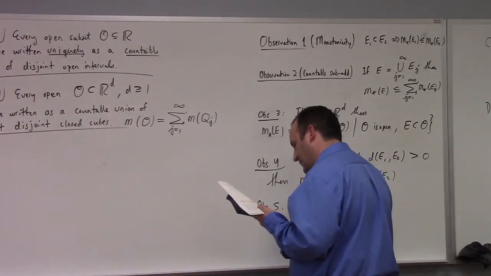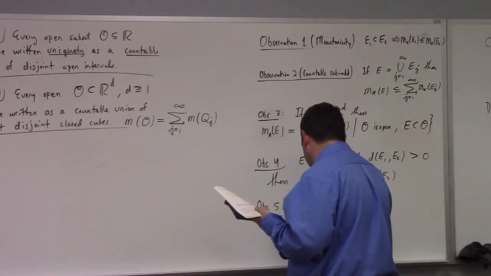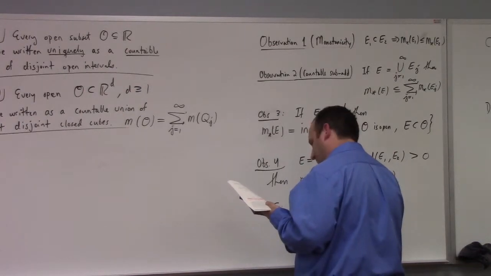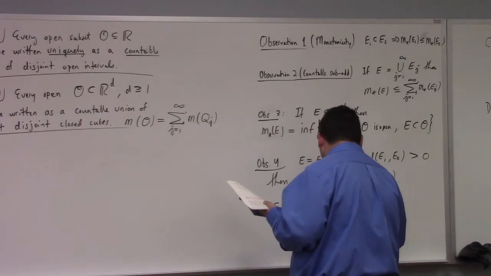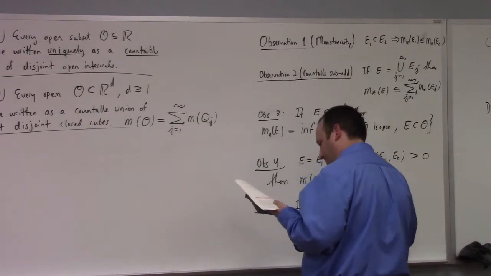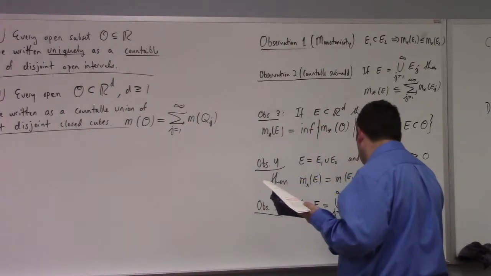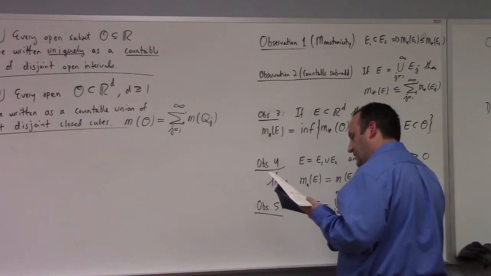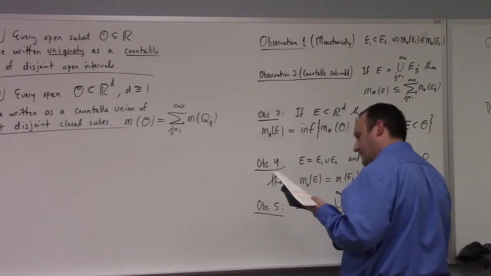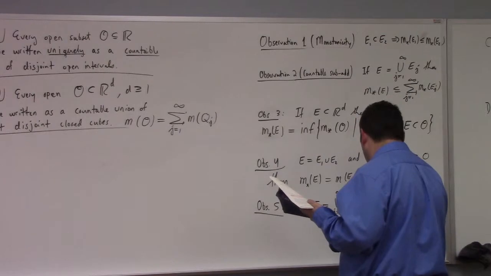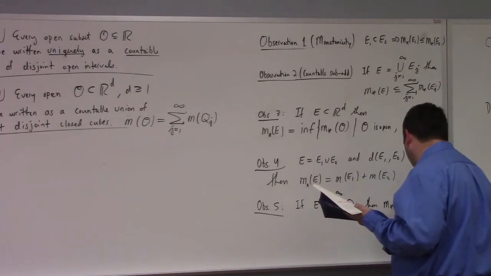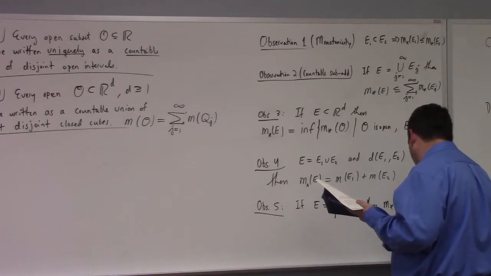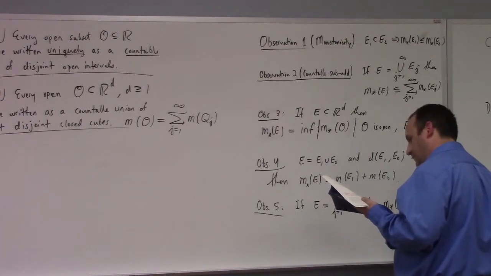How would you guys define the distance between, say, a sphere and a cube? What if they intersect?